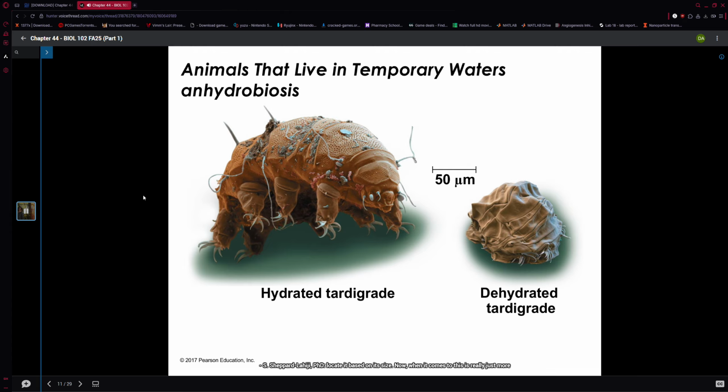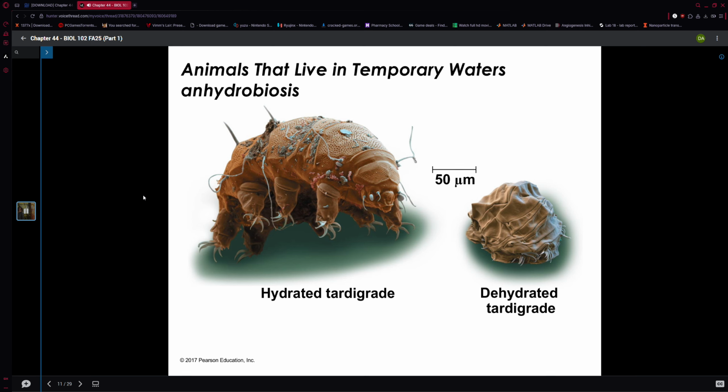Now, when it comes to this, it's really just more of an example that severe desiccation can be something that certain organisms, more specifically this type of organism, can indeed handle. But in general, when we're thinking about most organisms, they can't handle that, right? So this would be an adaptation to severe losses in water. And the fact that they can do this is really amazing.